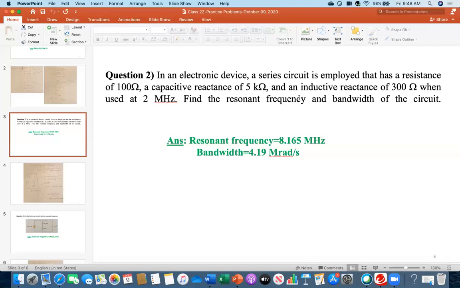So that is the very first step: using the frequency of 2 megahertz, first you have to get the values of C and L. Then it's just a matter of calculation and usage of your calculator. That's all. Then you should get this result.